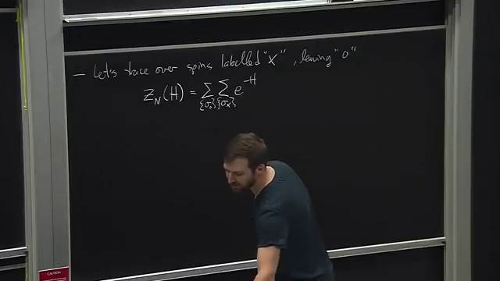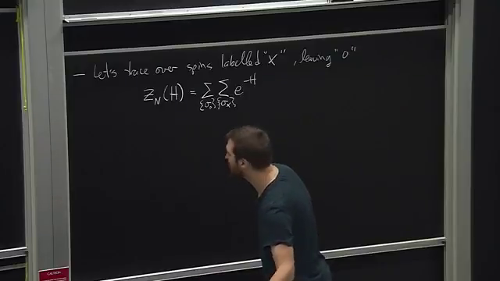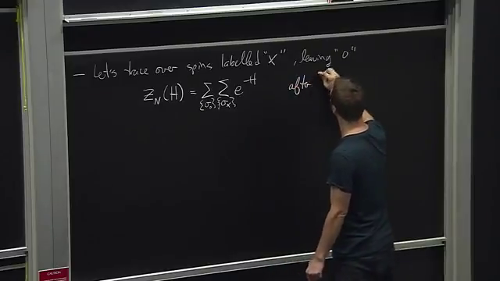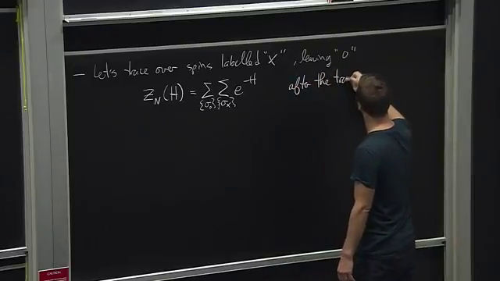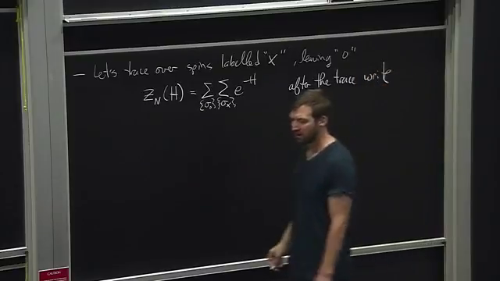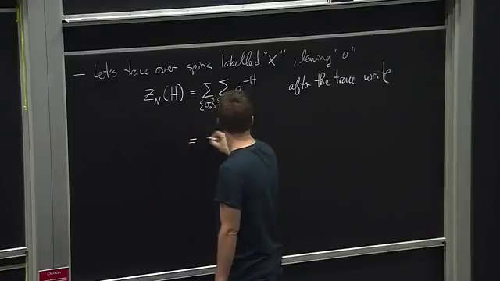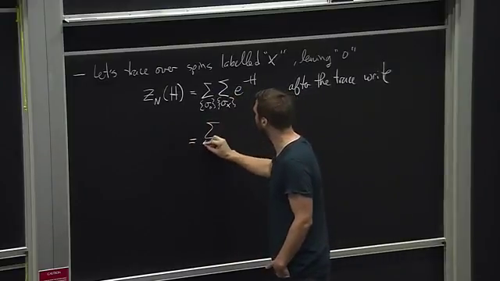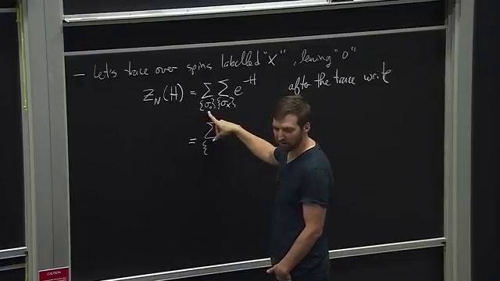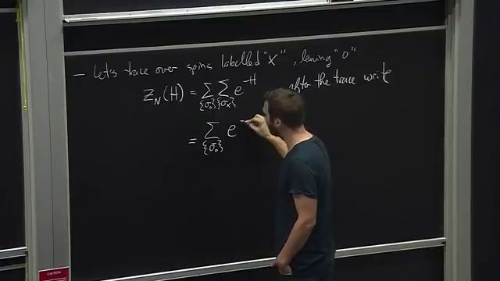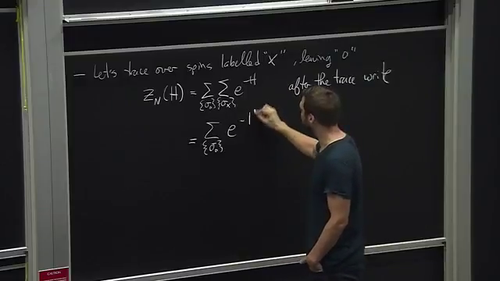And after that operation of tracing, I can just write this as the sum over sigma, what's left? O's. e to the minus, say, call it H prime.